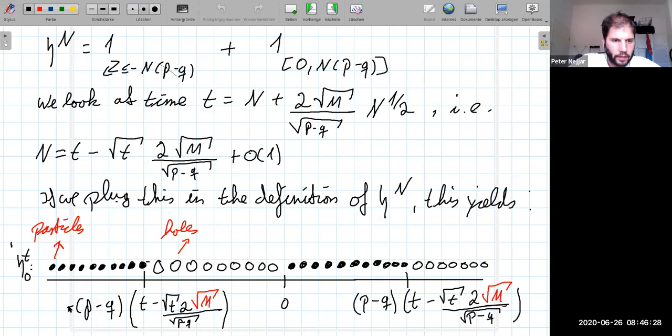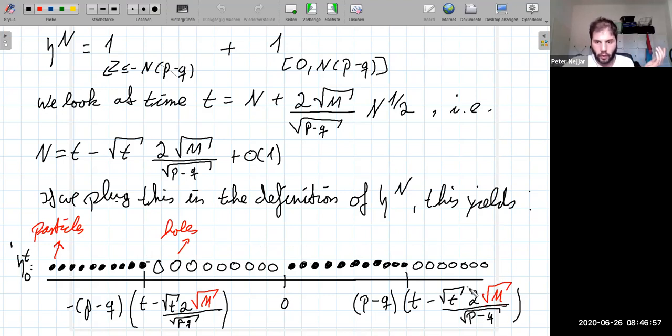You see here that there's a minus sign in front. So if m gets bigger and bigger, this group of particles comes closer and closer to the origin, and there will be more particles which actually reach the origin. So if you increase m, this increases the density of particles directly to the left of the shock.